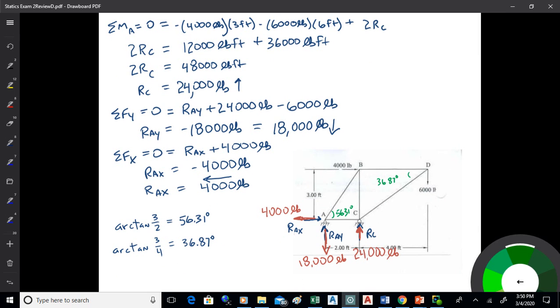So RC is probably going to be pretty big given that short moment arm to it, and sure enough it is, 24,000 up. Then sum of fx and sum of fy to get the reactions at A. 18,000 down at A for RAY, 4,000 left at A for RAX. Then do the tangents, arctans of the ratios of the sides to get the angles.